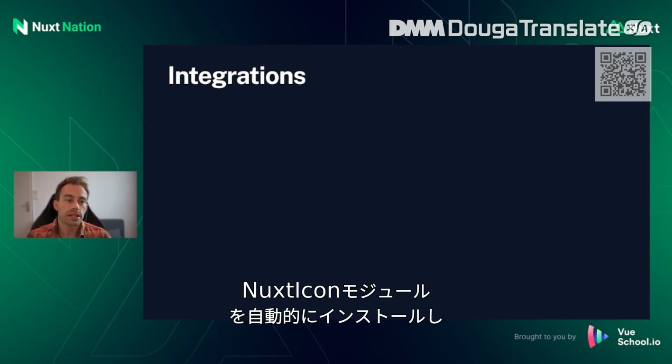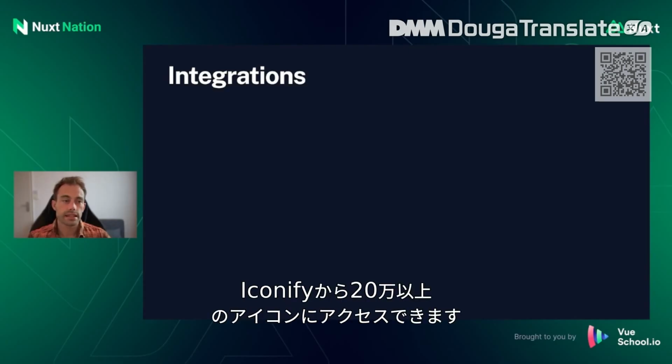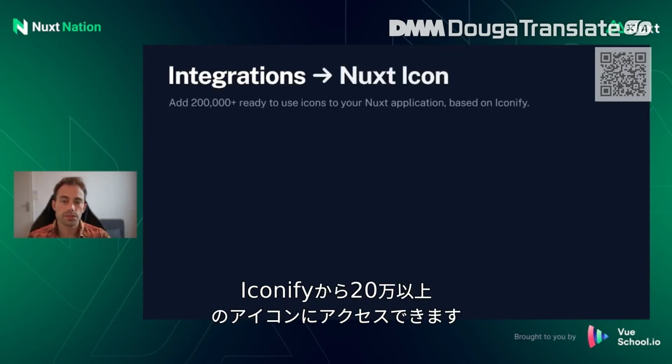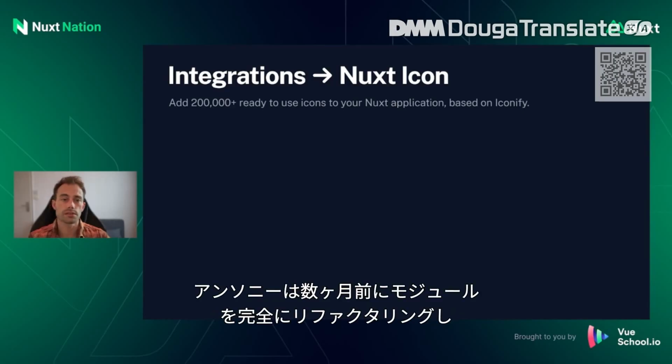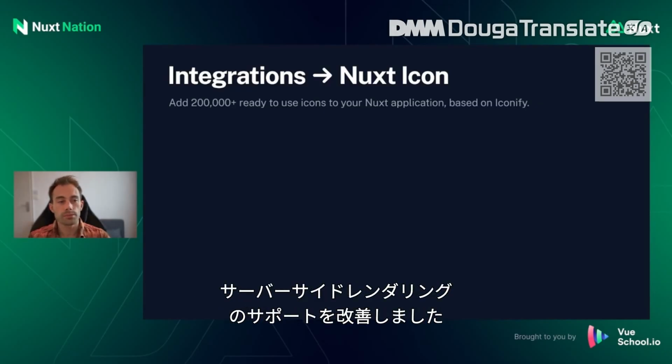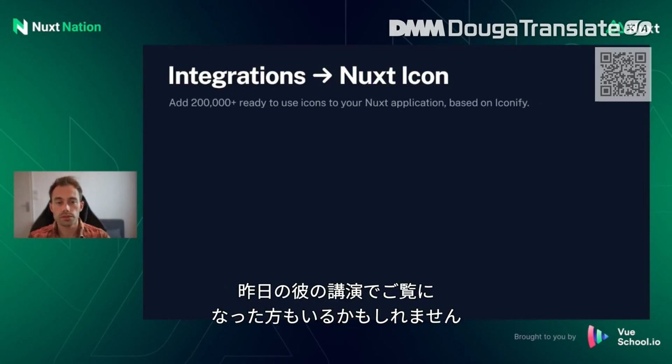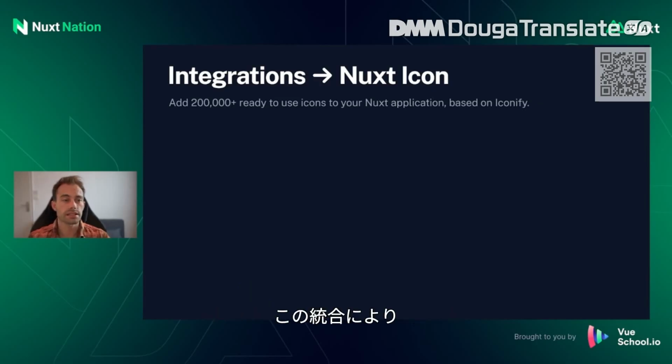NuxtUI is fully integrated with the Nuxt ecosystem. It automatically installs the Nuxt icon module for you, which gives you access to over 200,000 icons from Iconify. Anthony made a complete refactor of the module a few months ago to better support server-side rendering, which you might have seen in his talk yesterday.